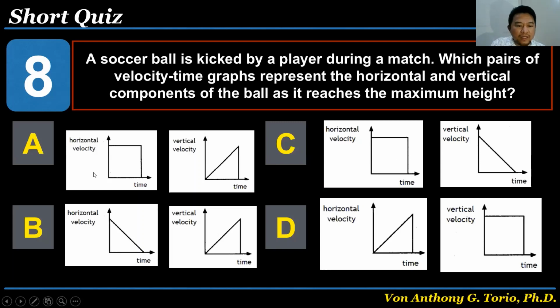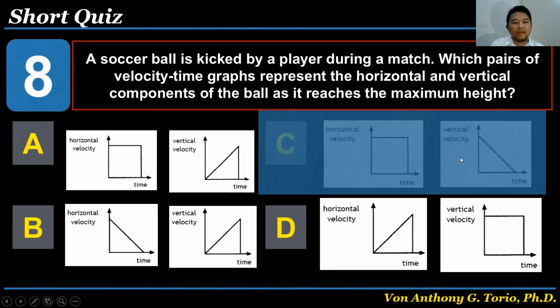So it's between A and C. Now let's consider the vertical component. As the projectile, in this case the soccer ball, goes up, its velocity component decreases until it becomes zero at the maximum height. So the best answer here is letter C.